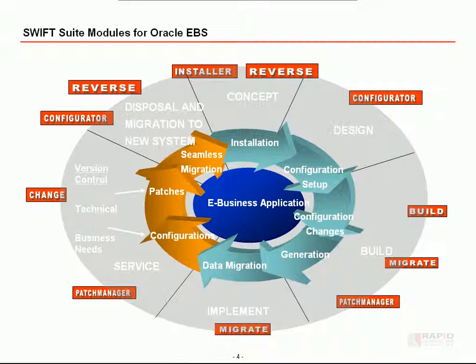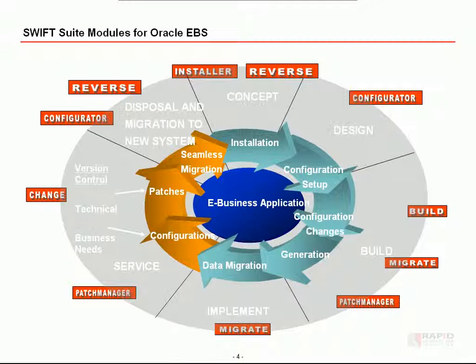Once we get started, well, then the configurator tool is going to help with configuring various modules, whether it be financials, purchasing, distribution, manufacturing, then on to various advanced modules, ASCP, DBI, EAM, and the list goes on.